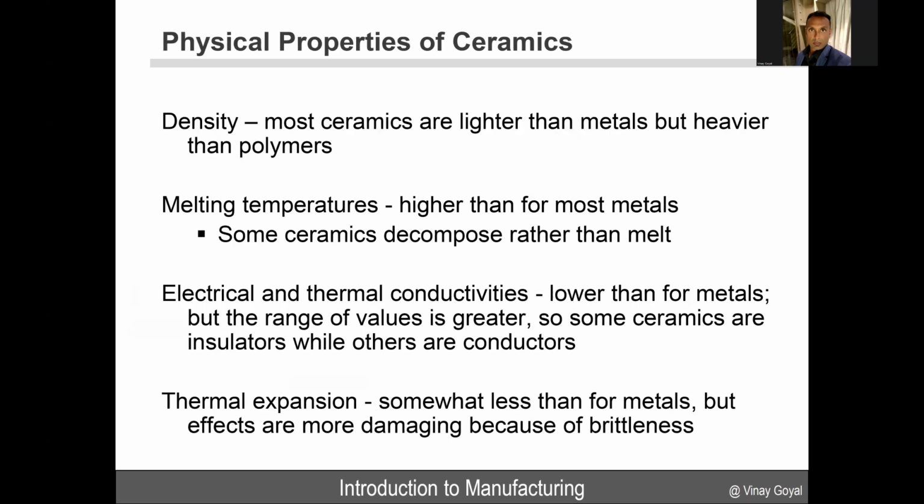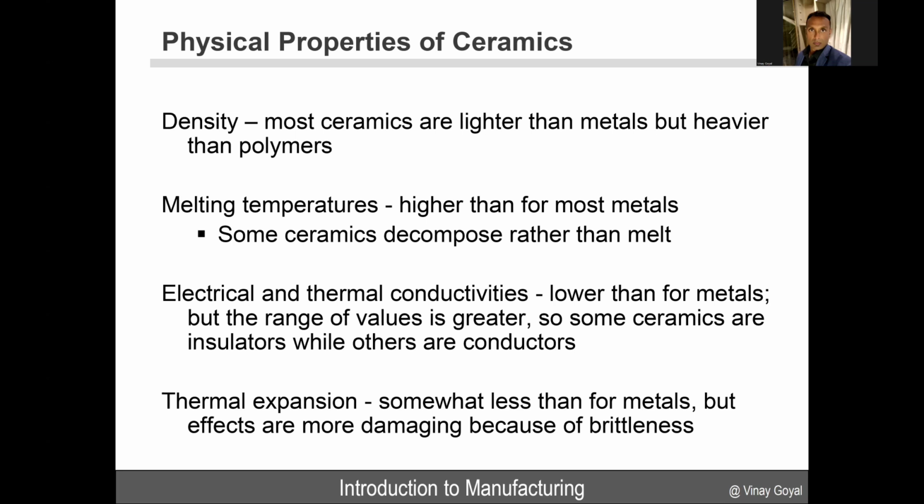So, what are the physical properties of ceramics compared to other materials? The density for most ceramics is lighter than metals, but heavier than polymers. The melting temperature is higher than for most metals, which is an advantage for high temperature applications. Some ceramics decompose rather than melt.